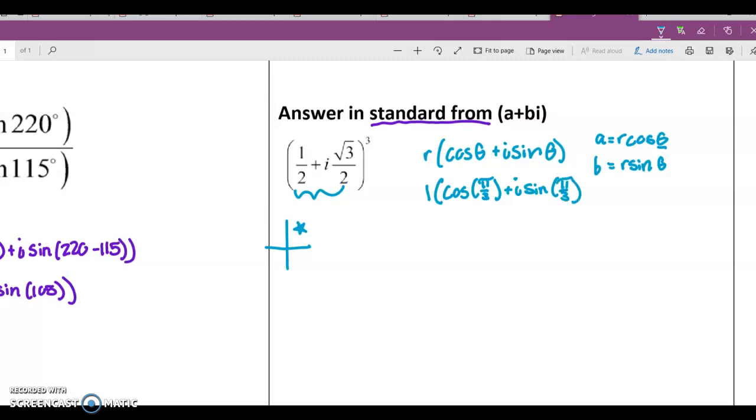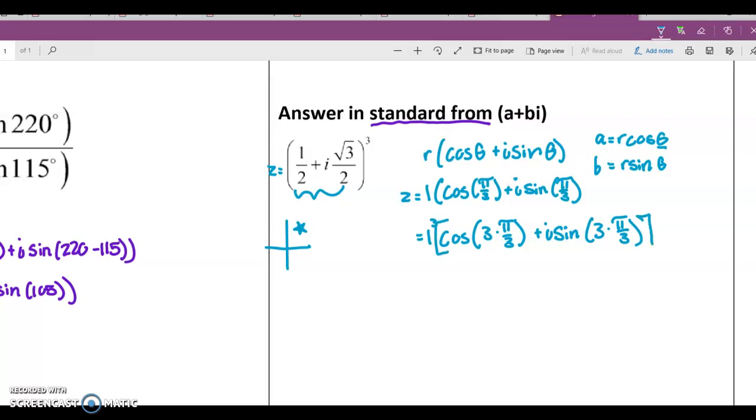And now this is the same thing as this complex number here. Remember, we want to raise it to that third power. So we apply DeMoivre's theorem, and we have 1 to the third times cosine of 3 times pi over 3, plus i times sine of 3 times pi over 3.